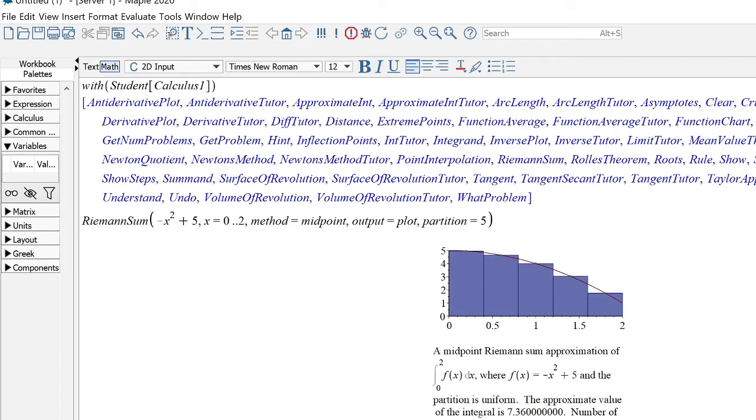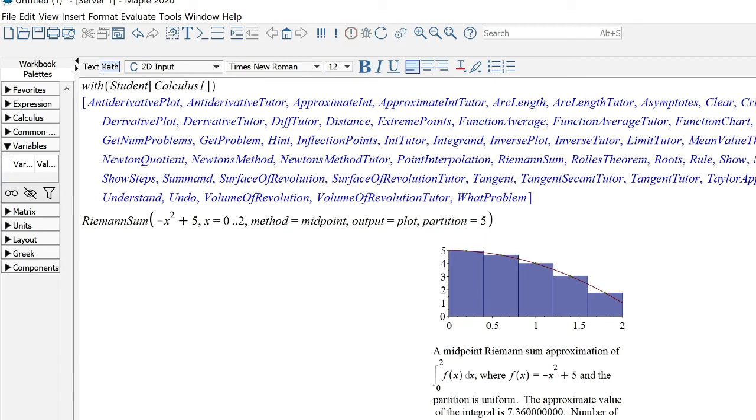If I increase the number of partitions to 100, and I'm allowed to put as many rectangles here, notice how accurate this became. You cannot even tell by the naked eye if there's any overestimation or underestimation with 100 partitions. And notice how close these two numbers are. We have that the approximate area is 7.29, whereas this one, just 5 partitions, is 7.36.